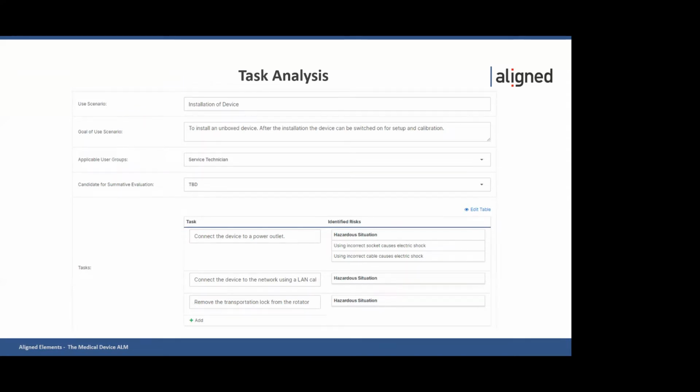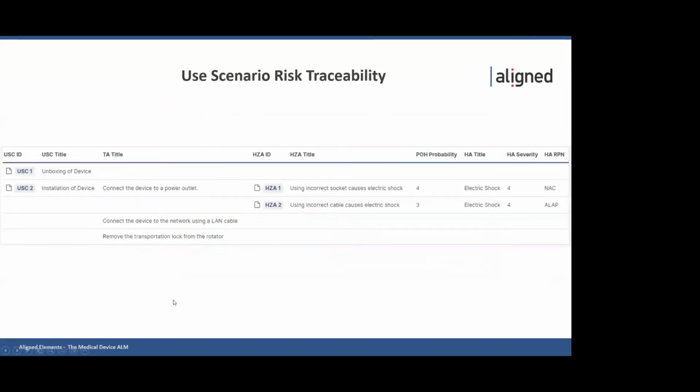And of course, depending on how these use scenarios connect down the line to some kind of risk or severity, we can make an educated estimation on which of these use scenarios go into the summative evaluation, because we can automatically let the system draw upon the related final risks or severities associated with the particular use scenario.